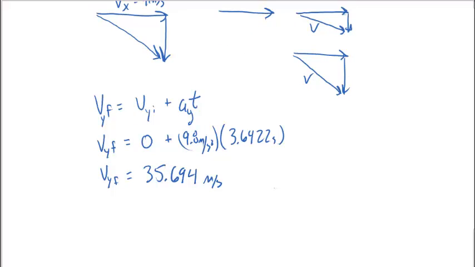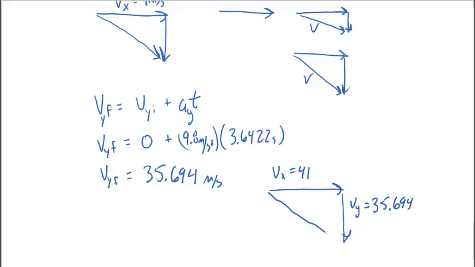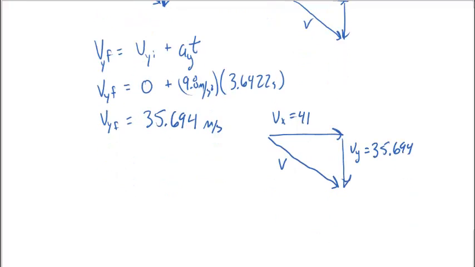Which means the overall velocity then, we have to add these two components, Vx, which is 41, Vy, which is going downward at 35.694, to find my overall resultant velocity. That will be the velocity of this cannonball. And so for this, I will use the Pythagorean theorem.